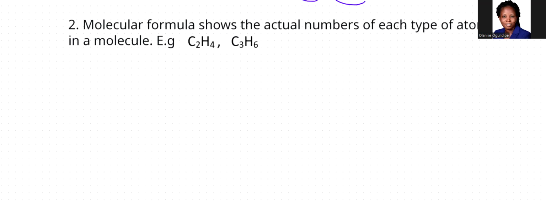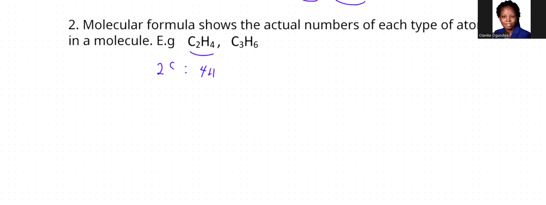An example of a molecular formula is C2H4. Here we can see that we have two carbon atoms and four hydrogen atoms. This shows us the actual number of carbon and hydrogen in this molecule.